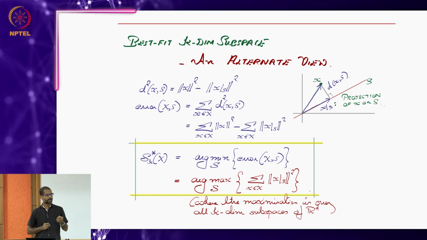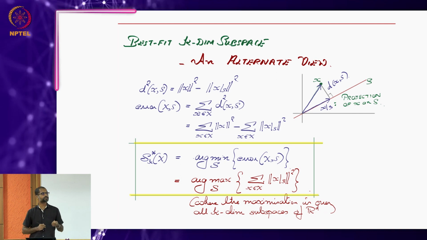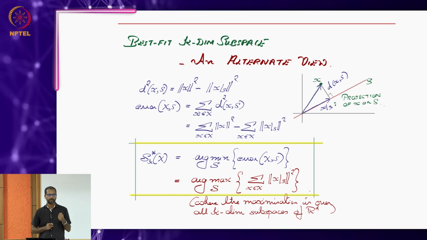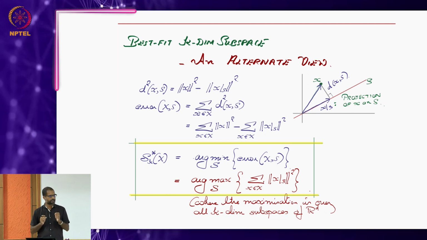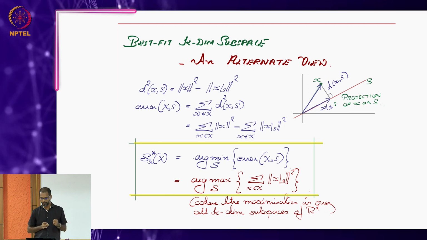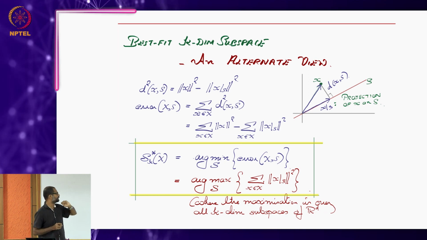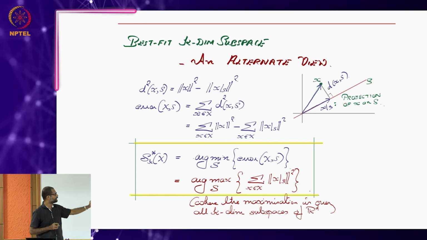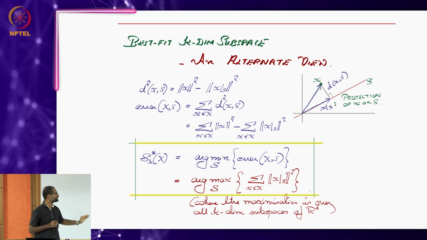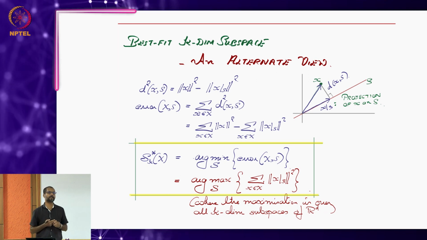Now, our error, if you remember, was d squared, this distance squared, summed over all data points, right? Now, let's focus on the distance for one point, x alone, and use Pythagoras theorem. You are seeing a right angle triangle here, right? Distance is one side, the length of the projection is the second side, and the original vector itself is the hypotenuse.